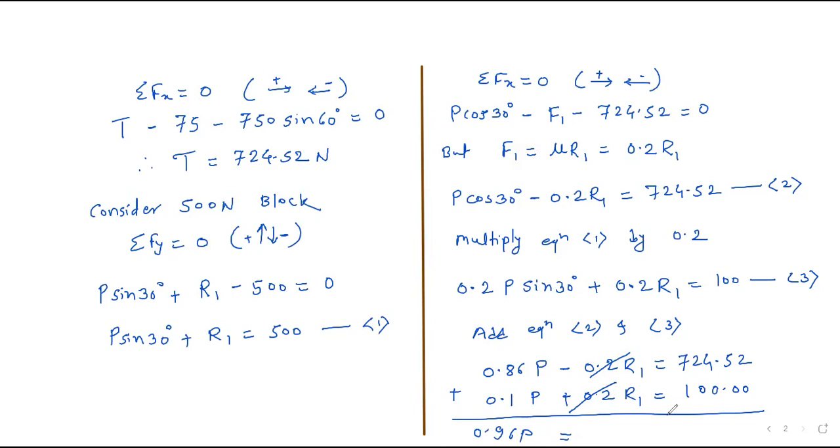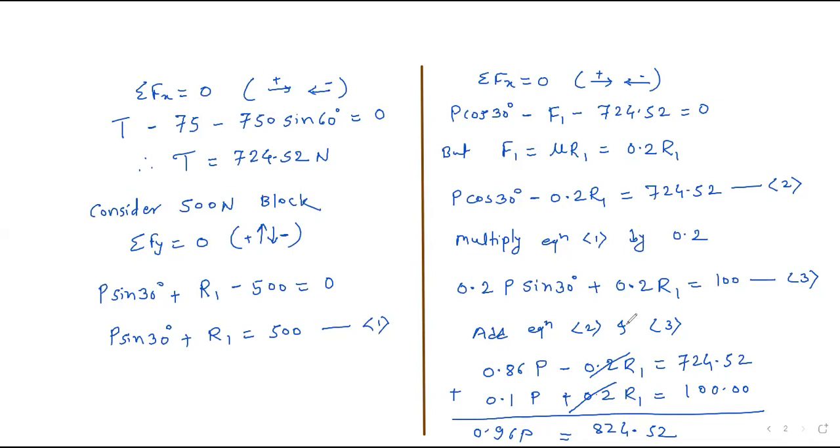Now calculate the value of P from this. Now here it is 824.52. Now divide this 824.52 by 0.96.